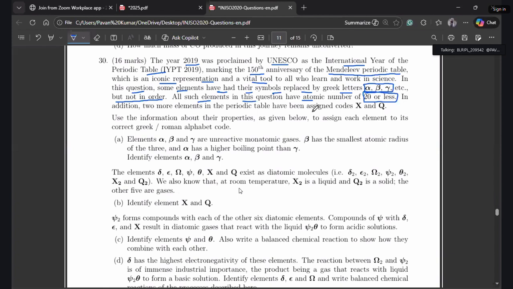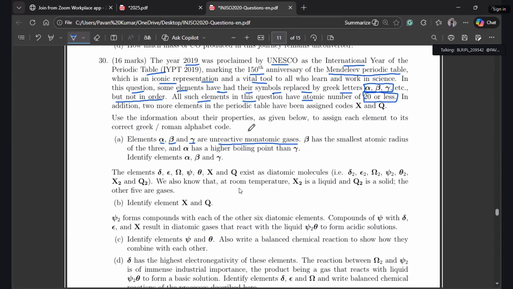Now we'll solve the first question here. What is the first question? Elements alpha, beta, gamma are unreactive and monoatomic.